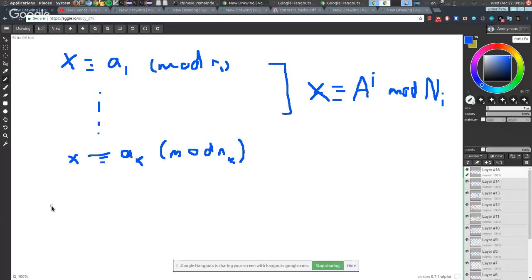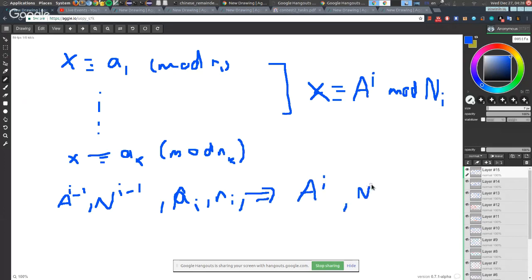So basically, when we try to solve A capital I minus 1 and N capital I minus 1, so these two equations, and this small a_i and small n_i, this will result in the pair A capital I and N capital I. So basically, this is how we extend it to solve k equations instead of just two equations.